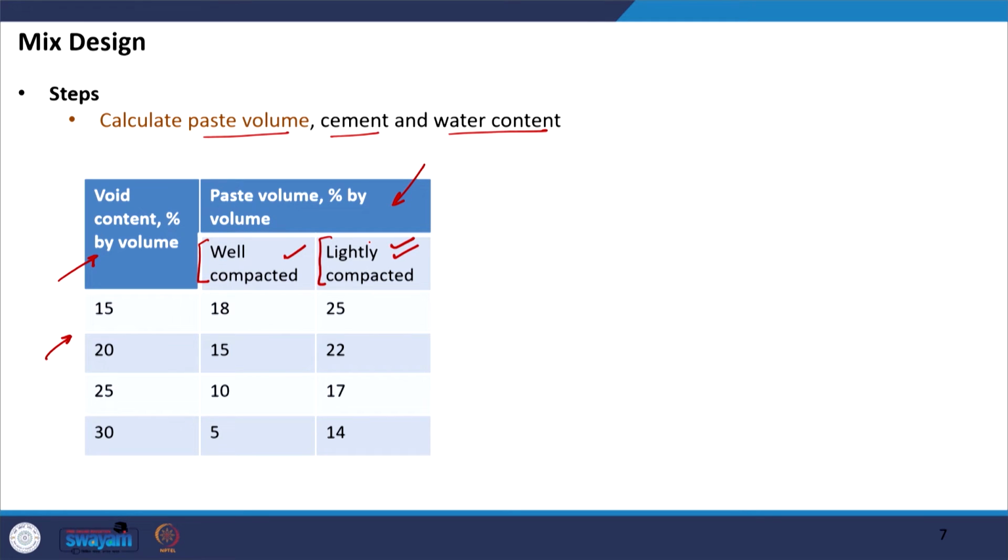So, what can be anticipated as of now, is that a well compacted mixture is one which we are producing using a heavy compaction method, and lightly compacted mixtures are those which we are producing using a light compaction method, as we have discussed in case of Proctor density test.